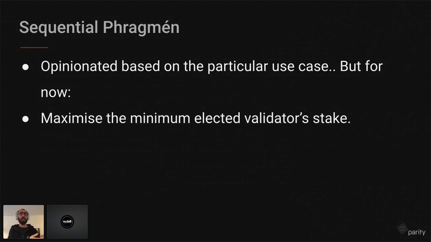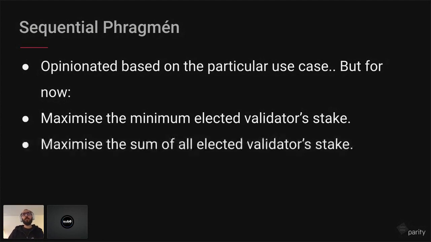And if we maximize this, we alleviate a lot of risks. When we talk about attacks or risks over the chain, it's very important because the least backed validator is the most likely one somehow to misbehave because it has the least number of tokens and stake. So if we maximize this, we are increasing the security of the whole chain in total.